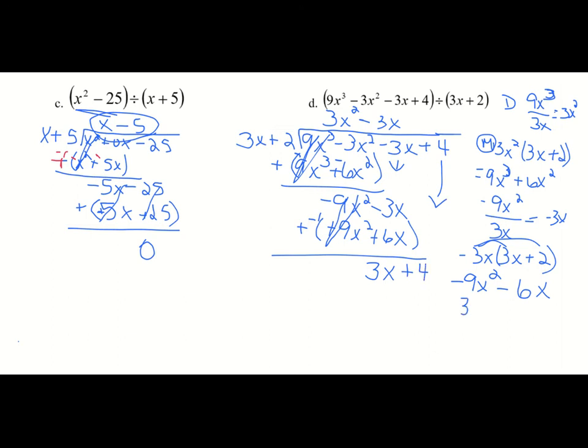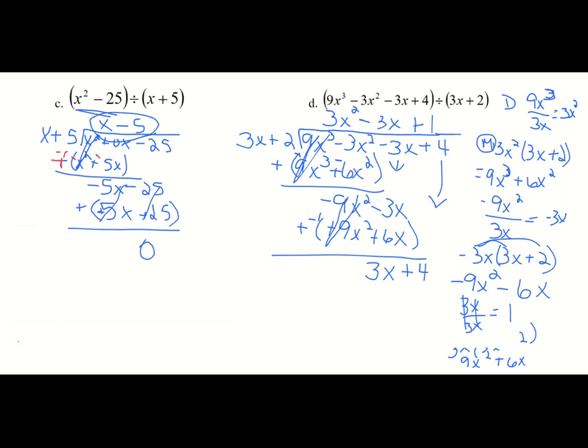So 3x divided by 3x is actually going to equal 1, because it's the same on the top and the bottom. So we're going to put plus 1 there. Then we do 3x times 3x plus 2, and that's going to give us 9x squared plus 6x. And, oh, excuse me, I made a mistake there.